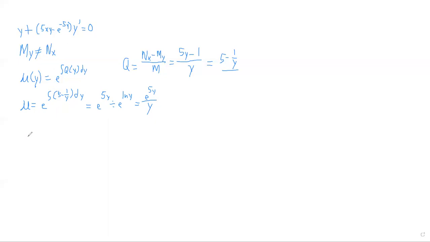Yeah, so I'm skipping a step. When you multiply the integrating factor out to here, you end up with 5x e to the 5y minus 1 over y, primed, is equal to 0.